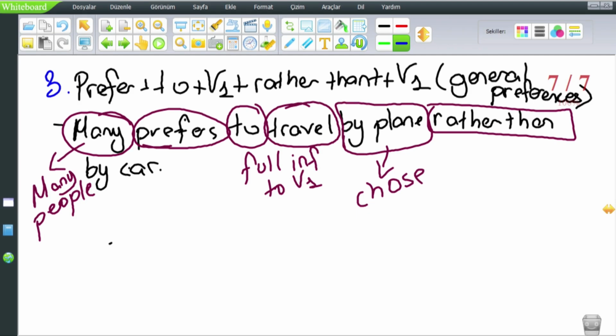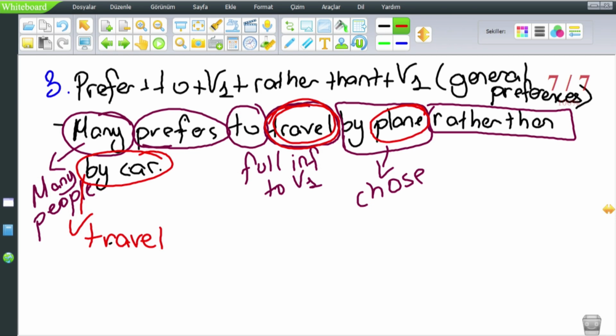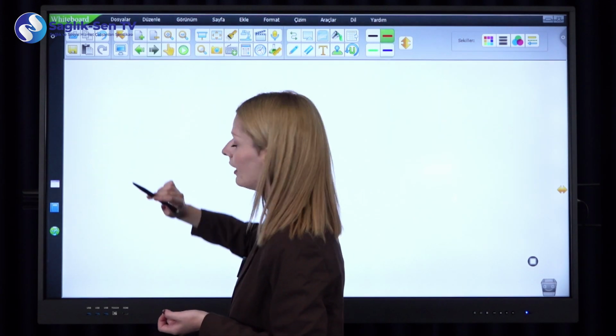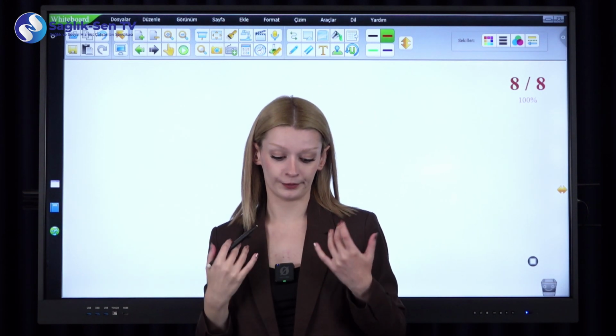After that, we put rather than, and we are missing a verb 1 after rather than, because as we have studied just before, we have the same verb, travel. Since they are the same, I don't have to write it again. I can just say by car, because I'm not comparing verbs. Instead, I'm comparing objects. So that's why I omitted the verb form.